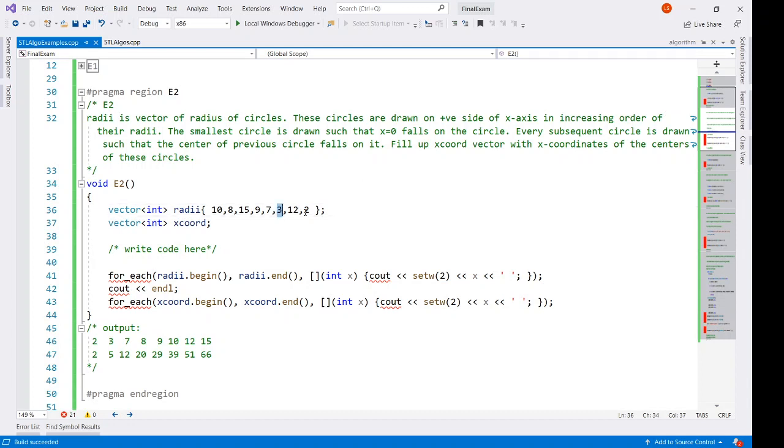So in this case, for example, the previous coordinate of the center of the circle was 2, and we add 3 to it, so it becomes 5. So if we draw the second circle with radius 3 at x equals 5, x equals 2 will be falling on the circle.